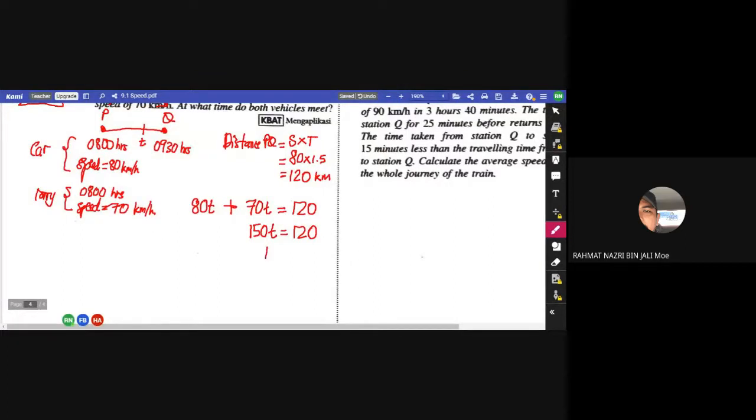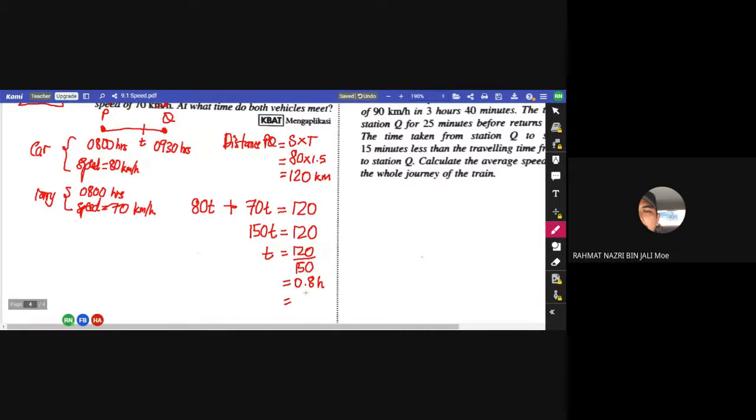Okay, solve this problem. T is equal to 120 divided by 150. So we have T in hours, which is 0.8 hour. We have to convert it to minutes because we want to find out the specific time that the vehicles meet.